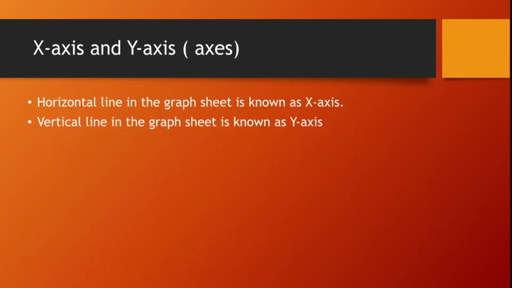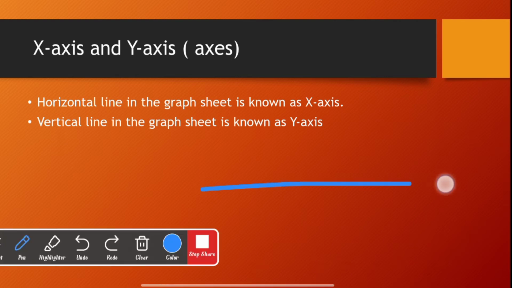In our bar graph construction, we need two lines, one specific horizontal line and one specific vertical line. The specific horizontal line is known as the x-axis and the vertical line is known as the y-axis. Horizontal line means like this, and vertical line looks like this.